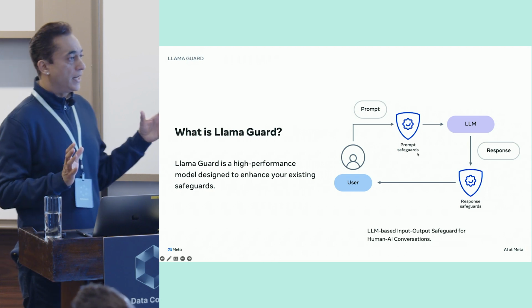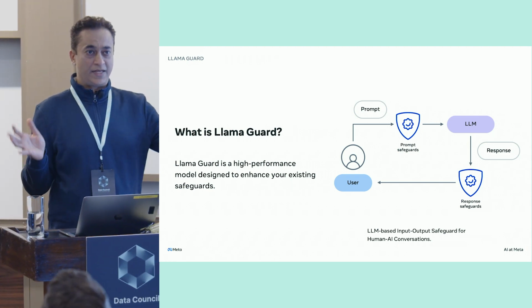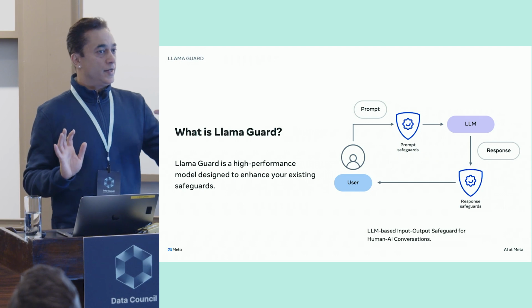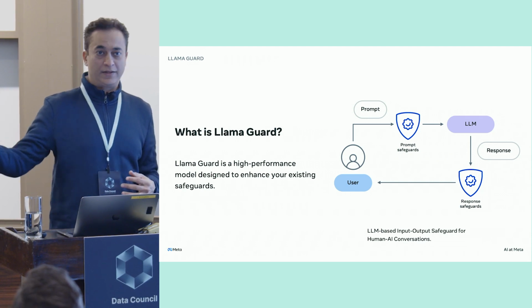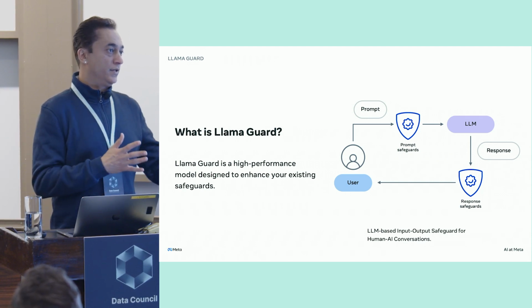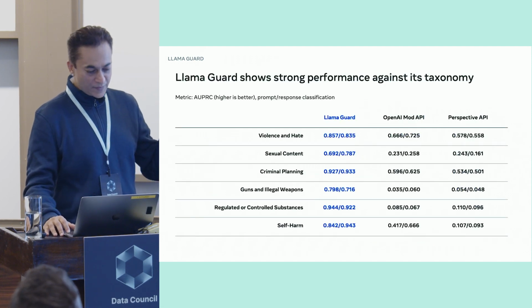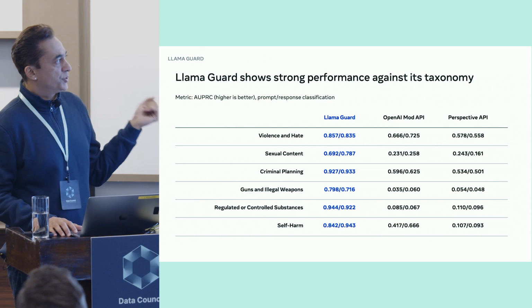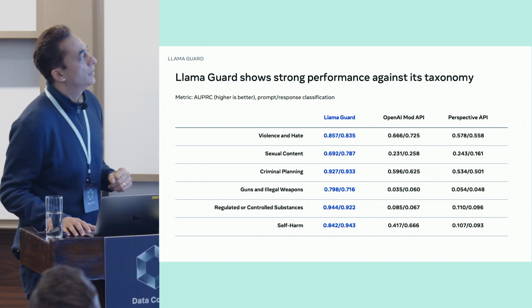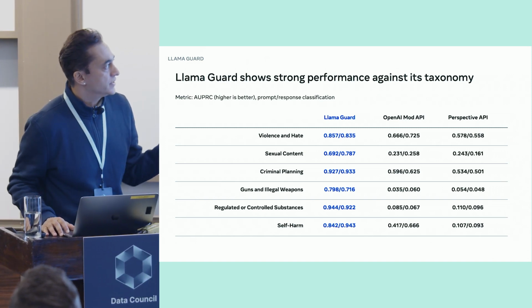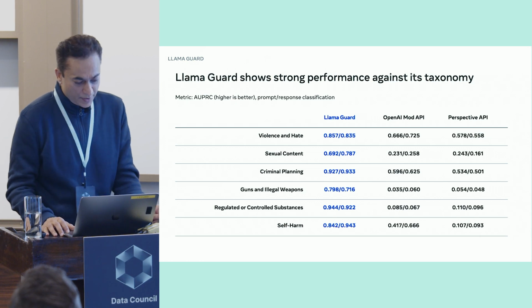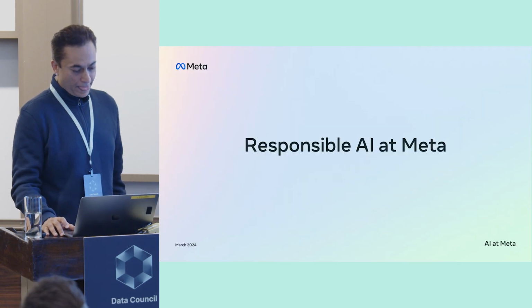And again, we have a taxonomy. We have 6 categories in the taxonomy. Depending on the application, for healthcare you might need more, for certain other applications you might need less. You can customize this completely. And it has shown to perform much better than the OpenAI standards or Perspective API as well.